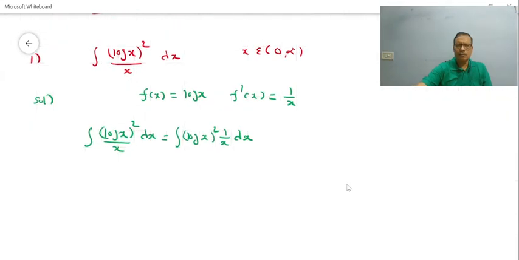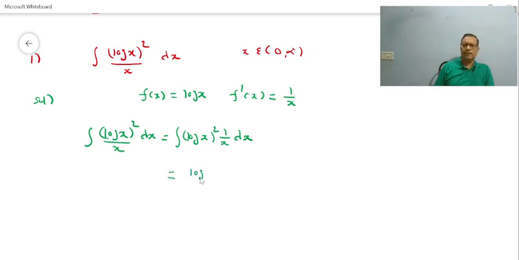So what is f(x) here? Log x. So this is of the form integral of (f(x))^n into f'(x) dx. f(x) is log x, f'(x) is 1/x. So this is of the form (f(x))^n into f'(x) dx, that is (f(x))^(n+1)/(n+1).